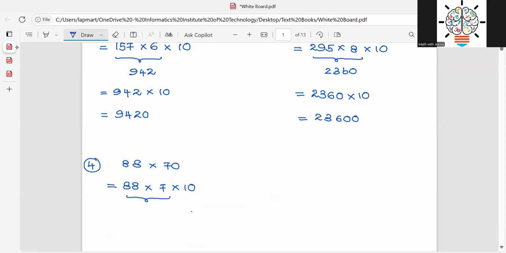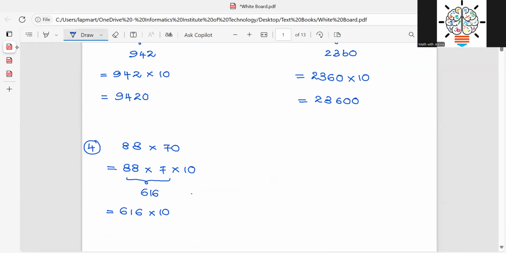Then 88 when you multiply by 7, it gives me 616. And here I write 616 multiplied by 10. Right, so then it gives me 6,160. Right, so always double check whether you did the answer correctly.